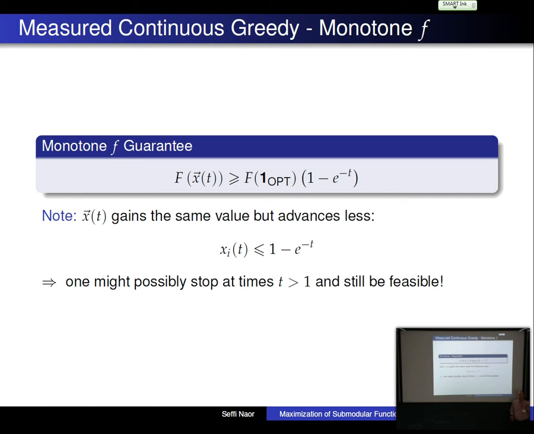It increases slower than the continuous greedy, and we can claim that if we look at a particular coordinate, then it is bounded by 1 minus e to the minus t. How can we use that fact? Well, in certain instances, it allows us to run beyond time 1 and still remain feasible within the polytope.